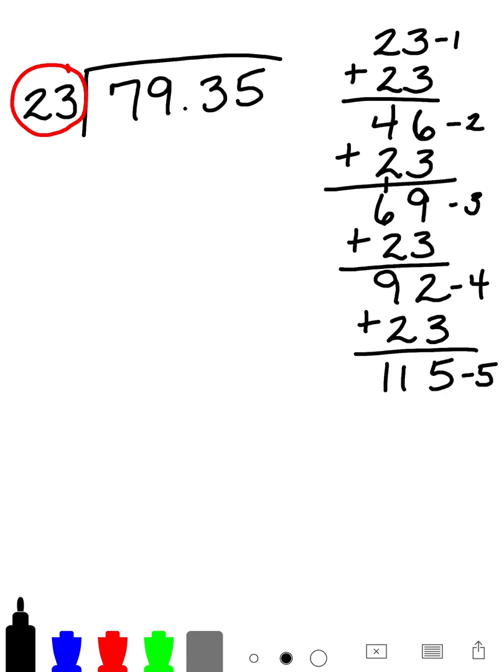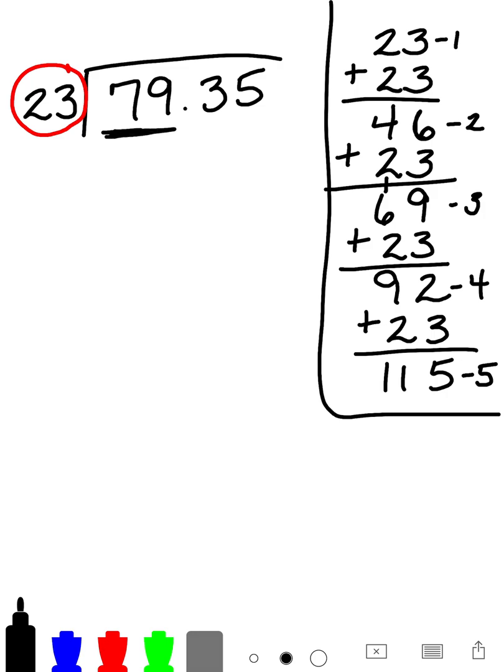We're going to refer back to this as we work on our problem over here on the left, okay? So we have 79.35 divided by 23. How many times can 23 fit into 7? Well, it can't. It's too big. How many times can 23 fit into 79? So I'm going to go down my list here, and I'm going to find a number that's close to 79 but does not go over.